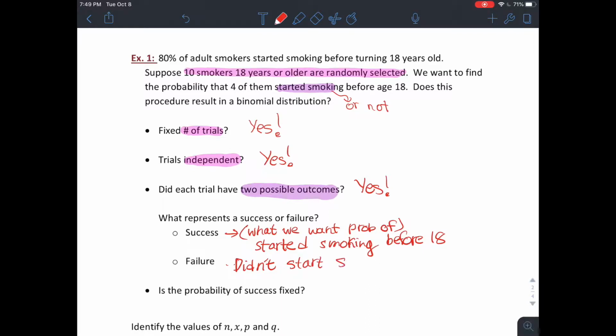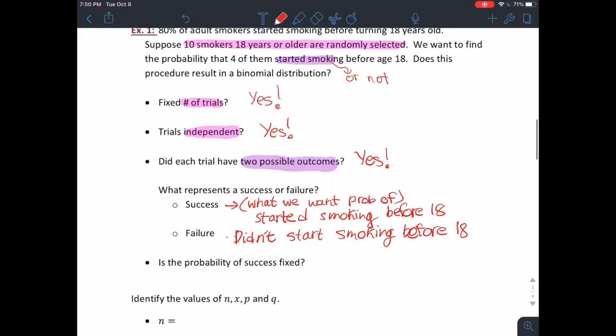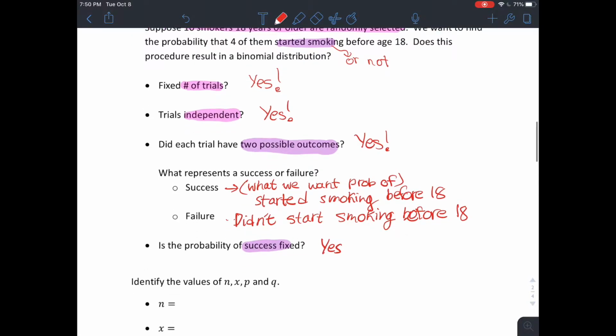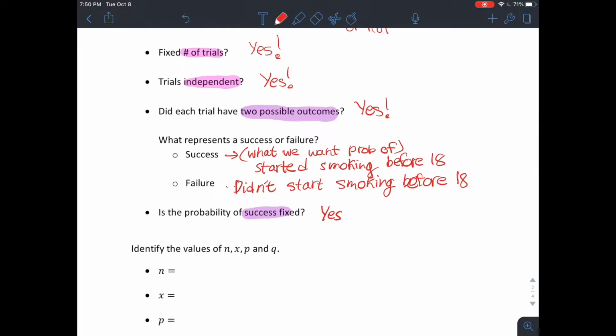So you need to run through all these different requirements before you use the binomial formula to do your calculations, or your results might not be valid. Last thing is, is our probability of success fixed? Yes, it's going to remain 80% for each person that we select. So notation-wise, N is the number of trials, so we're selecting 10 people.